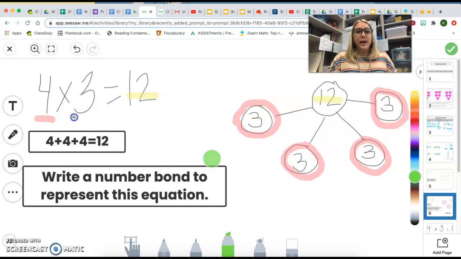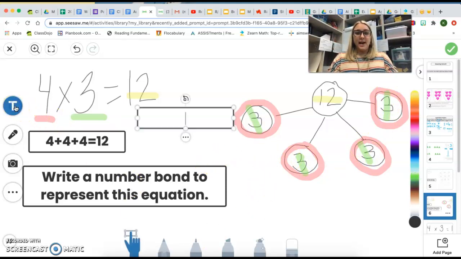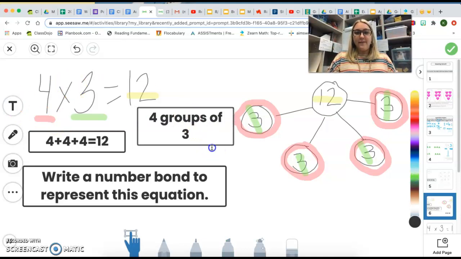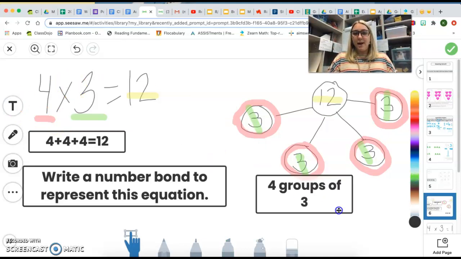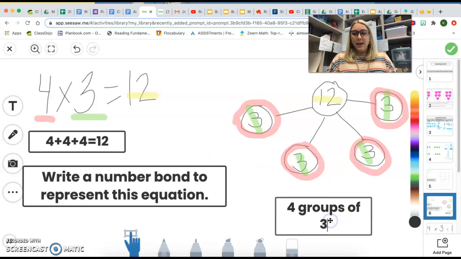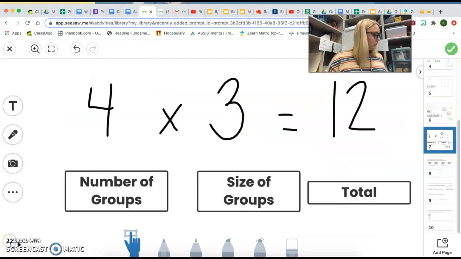So then our 3 is represented by writing the number 3 inside of each circle. So I still have my 4 groups of 3. It's still represented in my number bond. And it's equal to 12. So that's where our 12 comes from.